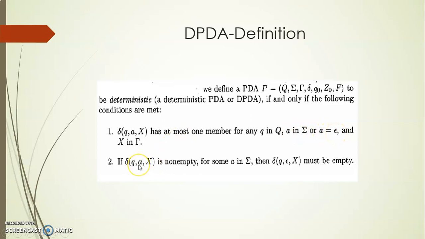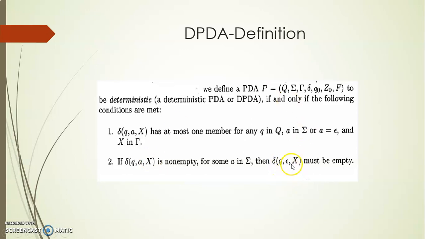That is, if delta of Q comma A comma X is non-empty, that is, if there exists any transition for this, there should not be any transition for delta of Q comma epsilon comma X. Why do they say this? If from a state the input symbol A is scanned and the top of the stack is X, we say the automaton performs some operations.